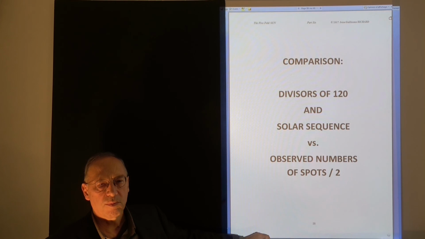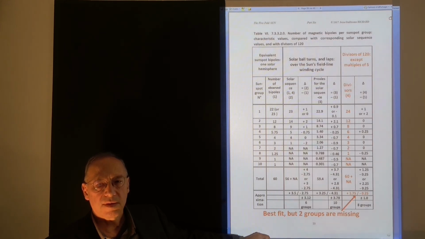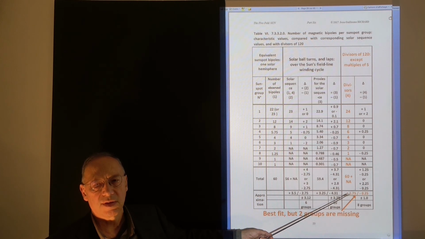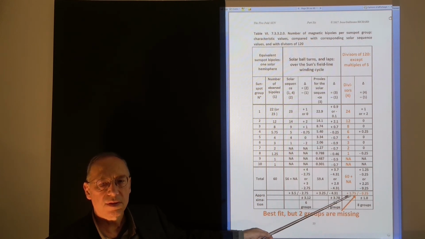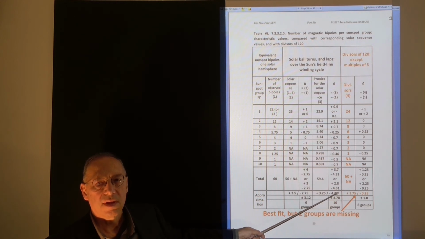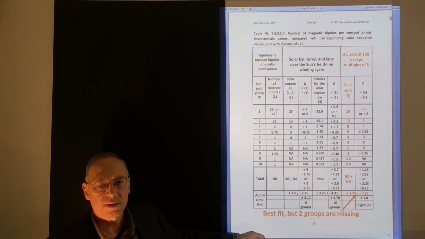So if we now compare all of these possible fits, we find that the best fit by far is obtained with the divisors of 120, which are also divisors of 144. You see the variance which is shown here is half the variance with the solar sequence numbers.